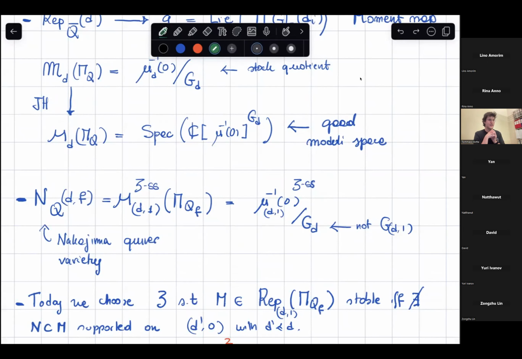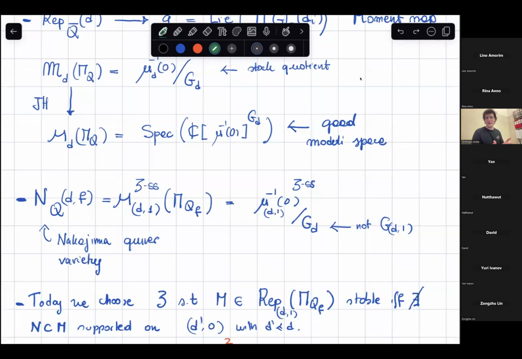So depending on your convention, if you take all ones, then the cohomological algebra acts on the left, and if you pick all minus ones, your cohomological algebra acts on the right.